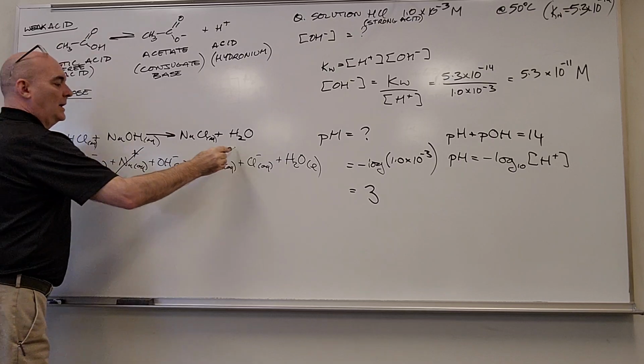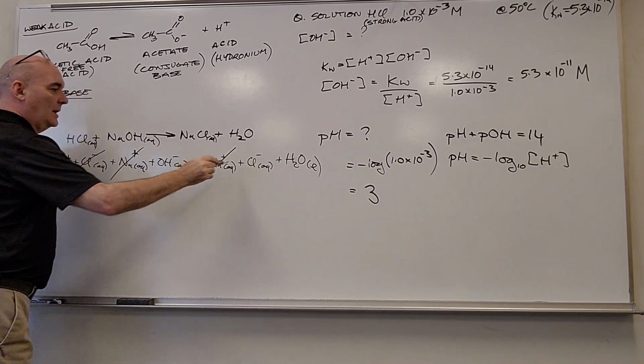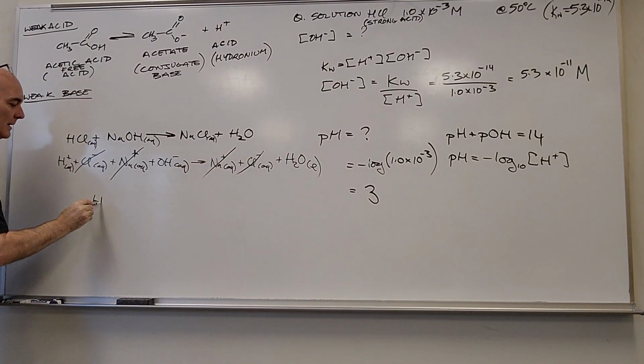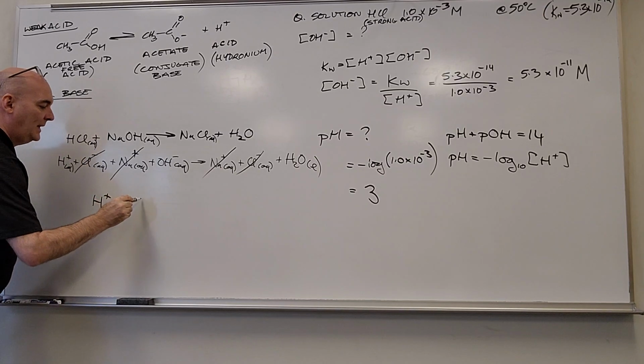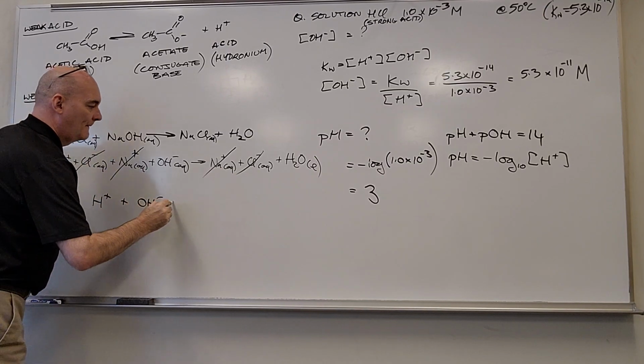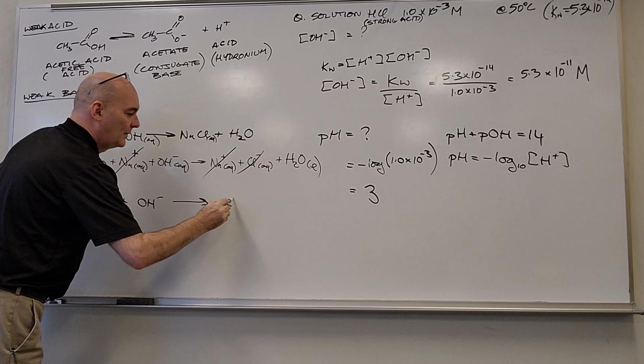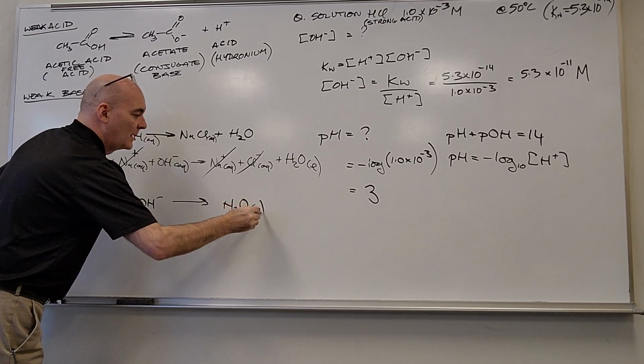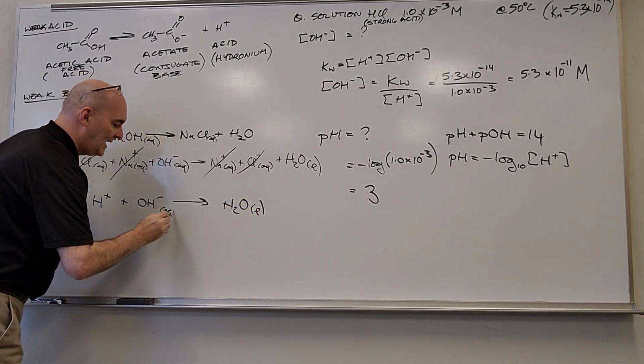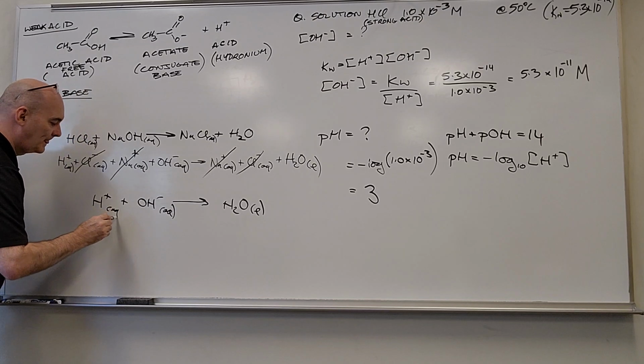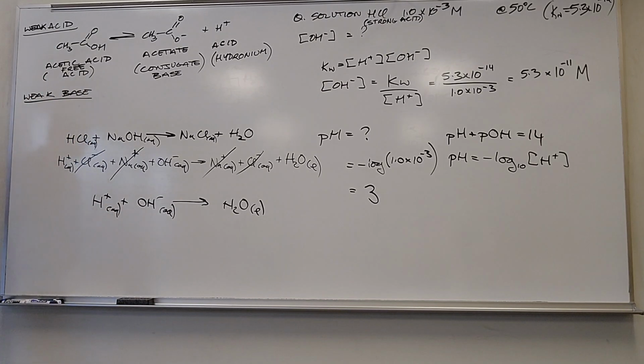That's a spectator ion, that's a spectator ion. All acid-base reactions come down to this. So what part of HCl was the acid? Is the Cl minus involved at all? No. Just to put it into solution.